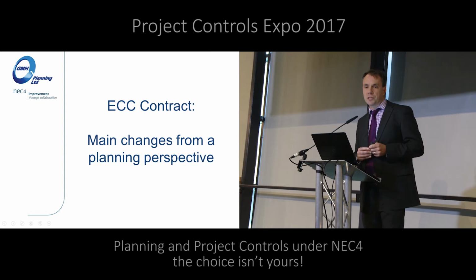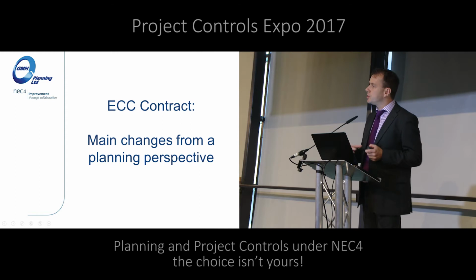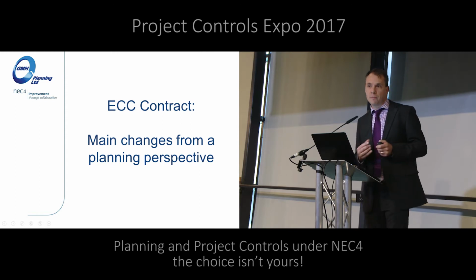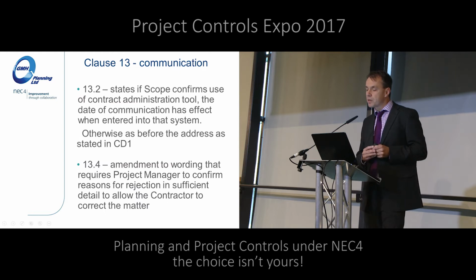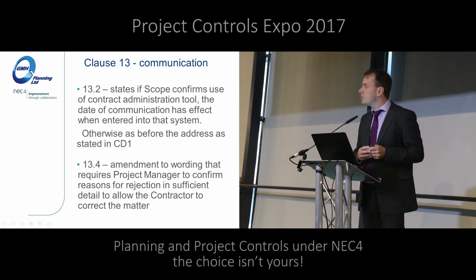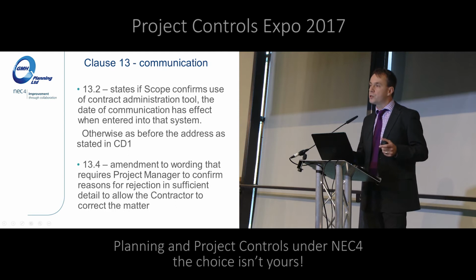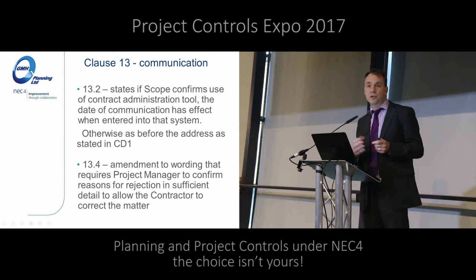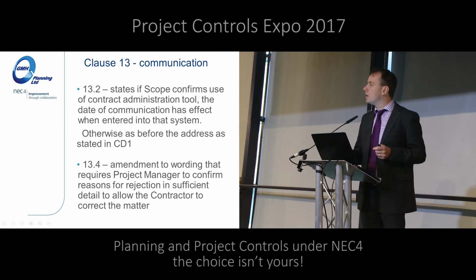So, Planning and Project Controls Expo today, so we're looking now specifically at the main changes that, as planning people or project controls people, you're particularly going to be interested in and how they will be administered. First of all, Clause 13.2 just emphasises that lots of your projects now use one of these contract administration tools, so the likes of CMAR, A-Connect or Conject, as you might have known.